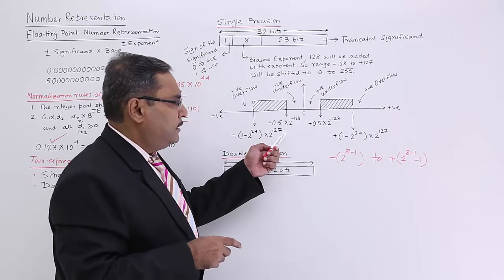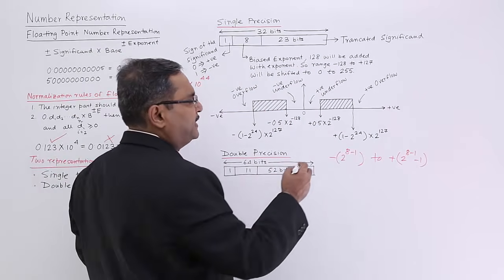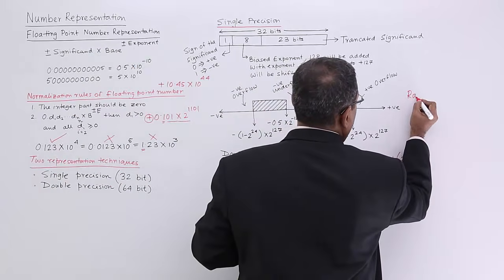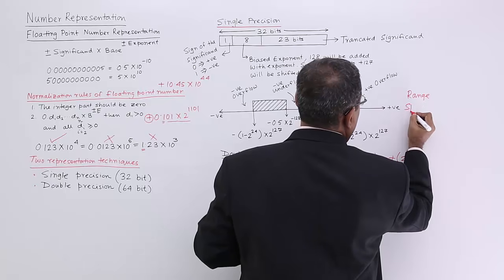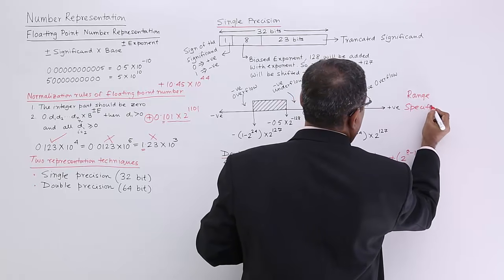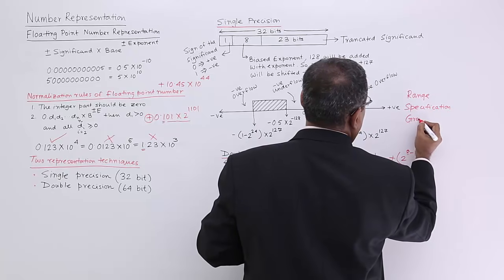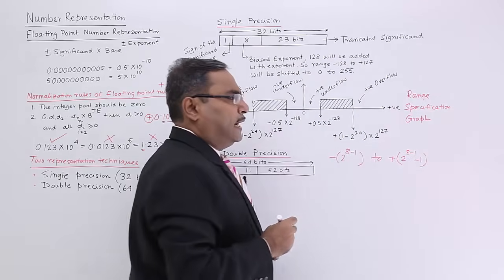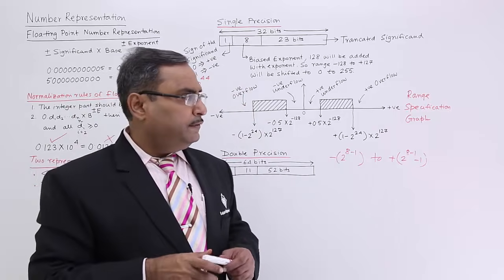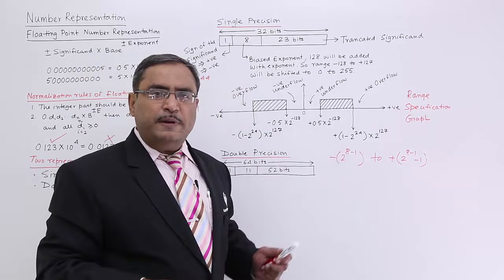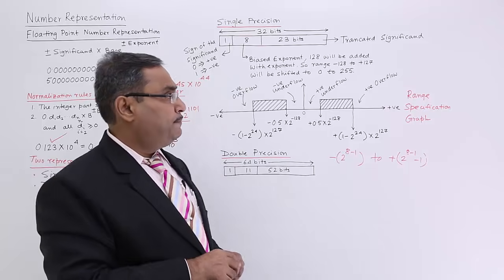Now that is a diagram known as the range specification graph. So this is the graph. Let me explain each and every limit.